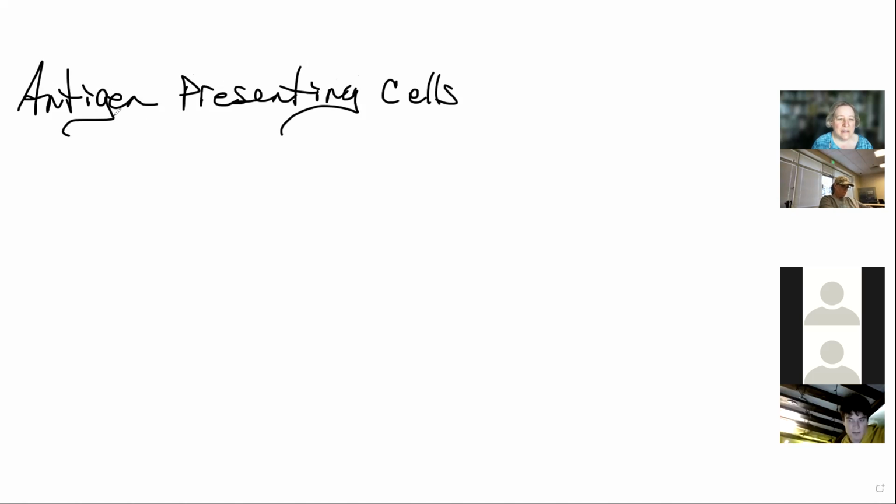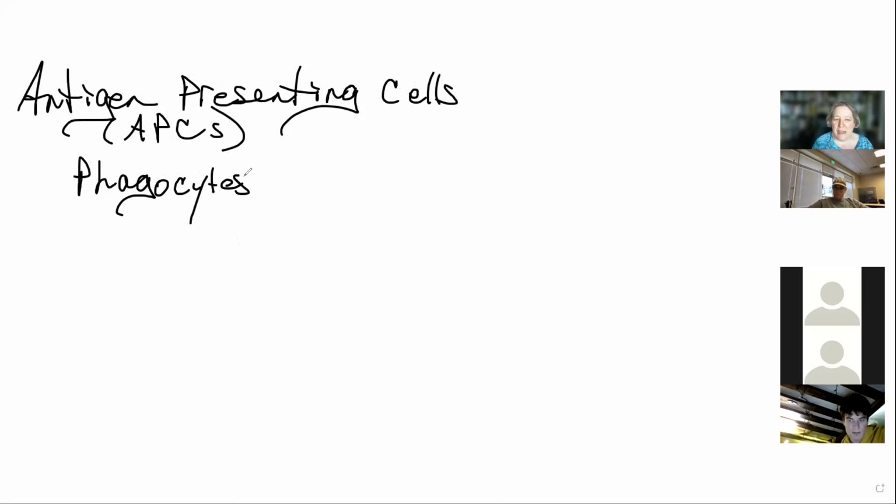Okay, antigen presenting cells, also abbreviated APCs. Okay. For the purposes of this class, come in two basic categories. Okay. We have our phagocytes. And not just any phagocytes. Okay, when we're talking antigen presenting cells, most of the time we're talking about macrophages.